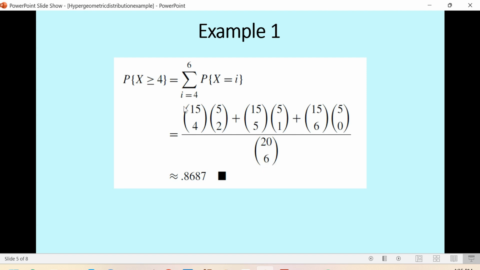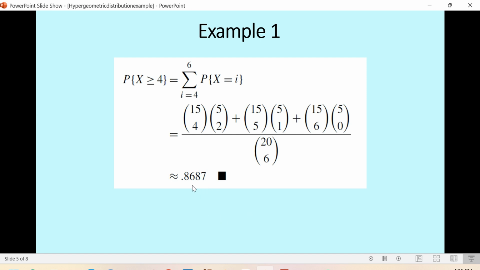The numerator has 3 parts, each the product of 2 combinations: C(15,4) times C(5,2), or C(15,5) times C(5,1), or C(15,6) times C(5,0).